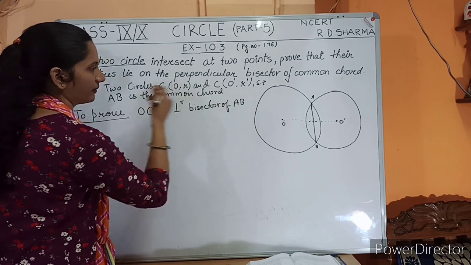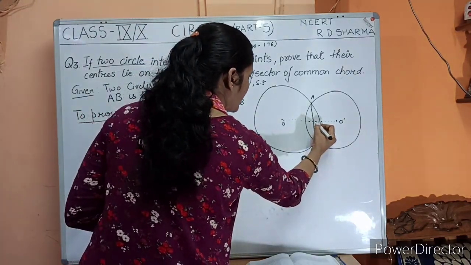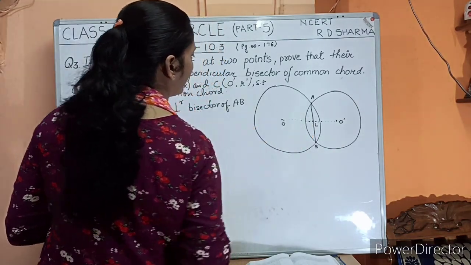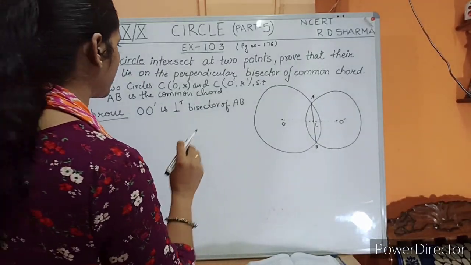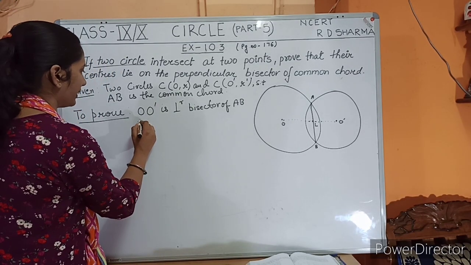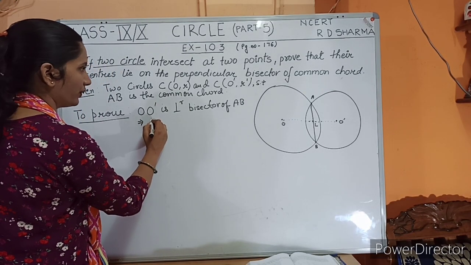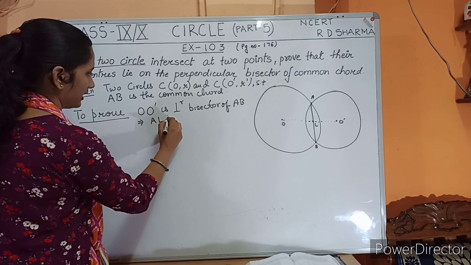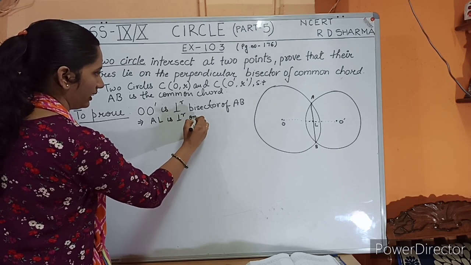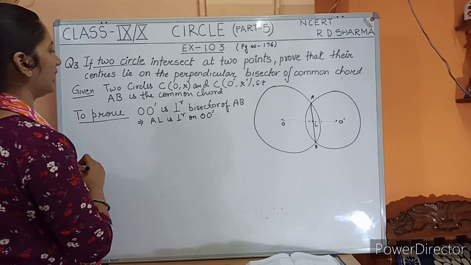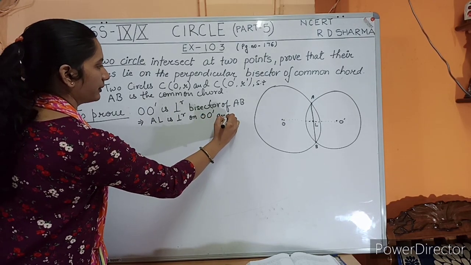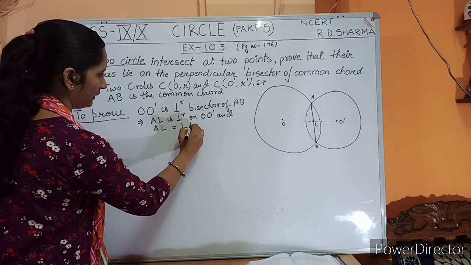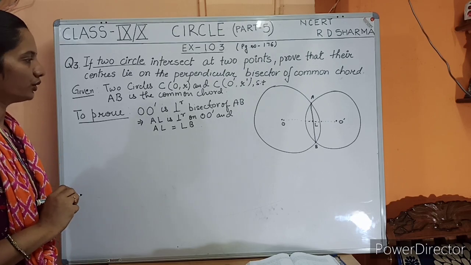If I label the point where the chord and the line O O dash meet with L, then we need to prove that AL is perpendicular to O O dash as well as AL must be equal to LB. These two things we need to prove.